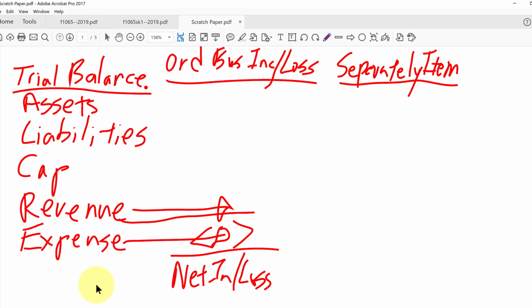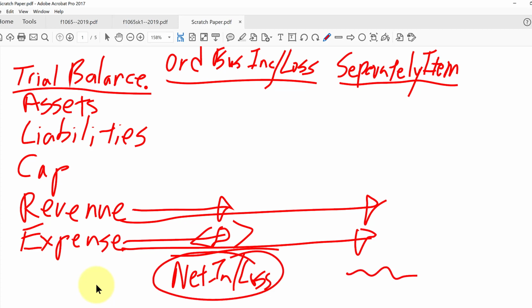So other revenue, other expenses. And then we don't really take a net down here like we do over here, because each one of these items is going to be separately reported eventually to our partners. In the case of this net income or loss figure for ordinary business operations, we're going to just give them this one figure and not the detailed revenue or the detailed expenses here.